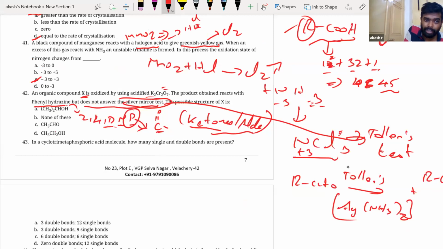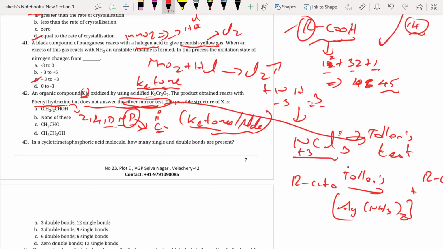So what kind of alcohols will give me ketones on oxidation? Primary, secondary, tertiary? Secondary alcohols. Thank you so much. Secondary alcohols on oxidation will give me a ketone.